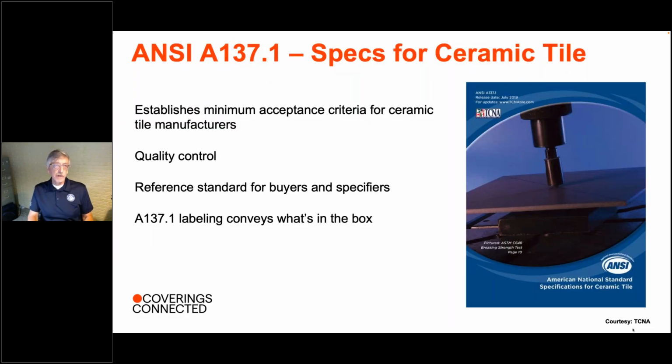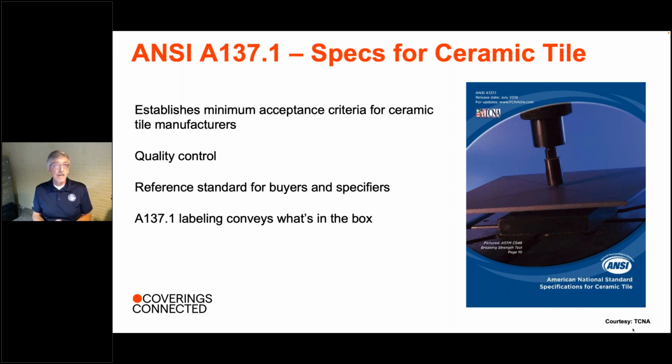Let's move on to our ANSI A137.1 specifications for ceramic tile. You heard me talk about things like wedging and warpage. That's just two of the approximately 21 tests that can be done on any given tile. Now, not all of these tests are always done on every tile that's manufactured or produced.